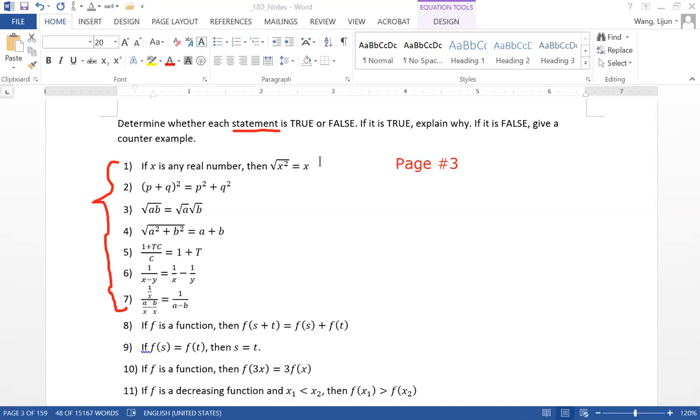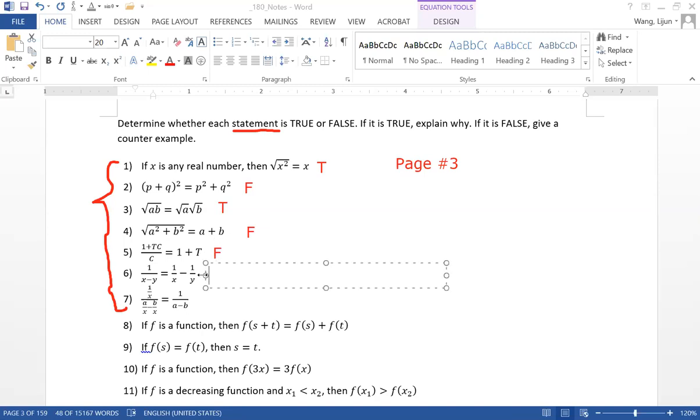So this is true, false. Number 3, you said it's true. Number 4, false. Number 5, someone says 5 is also false.